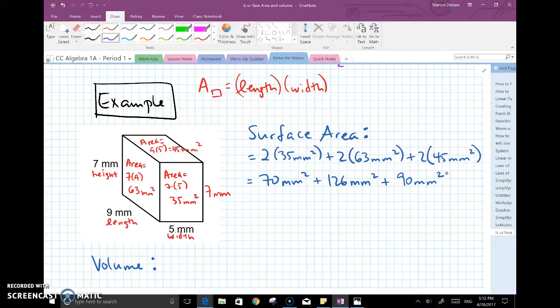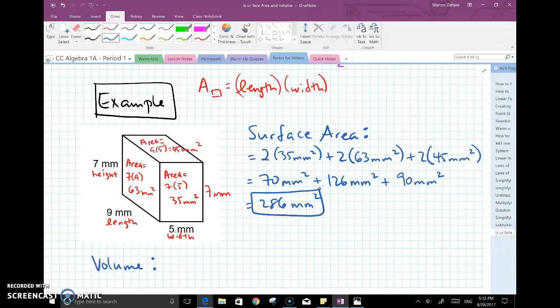So 70 plus 126 plus 90 is 286. So this is 286 millimeters squared. And that would be the surface area for this object. And that's it, really. That's how to get the surface area of an object like this.